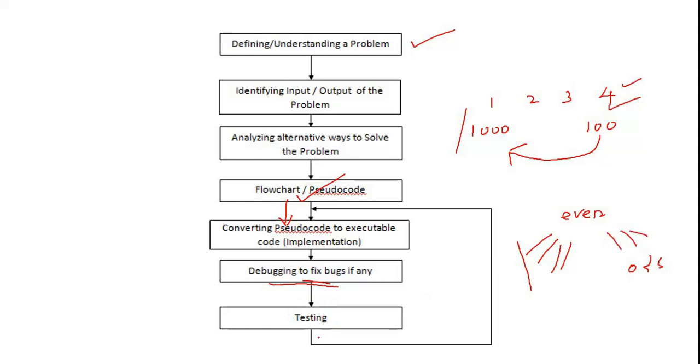If it fails the test, I need to go back here. I might have made some error while translating the pseudocode to code, and I will correct it here. This is what happens in software companies.